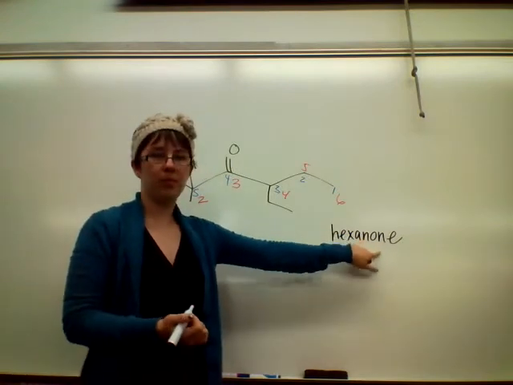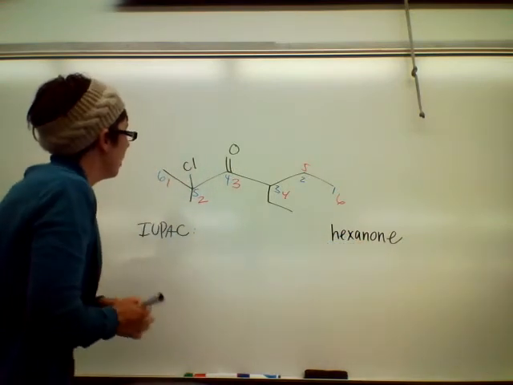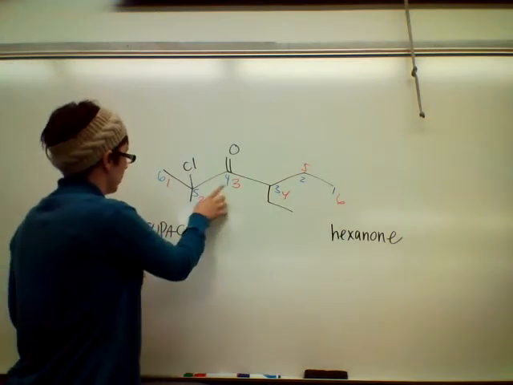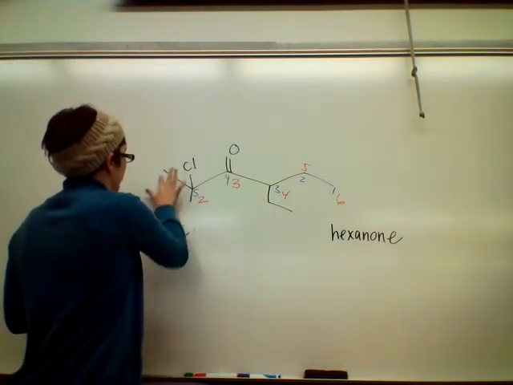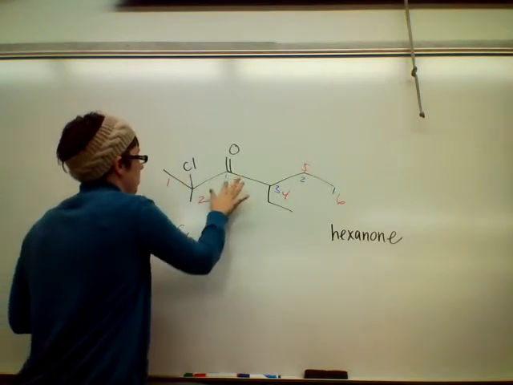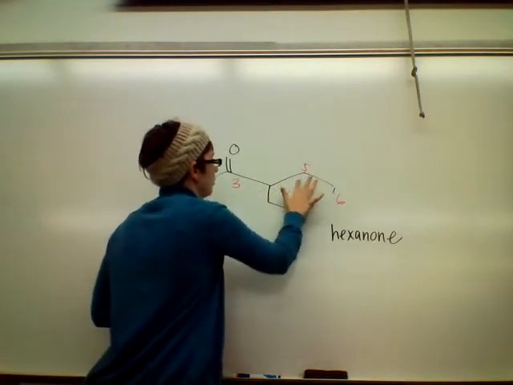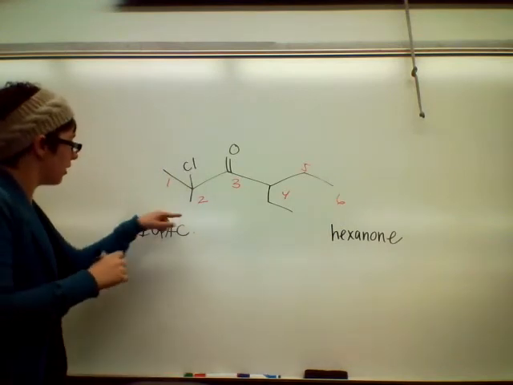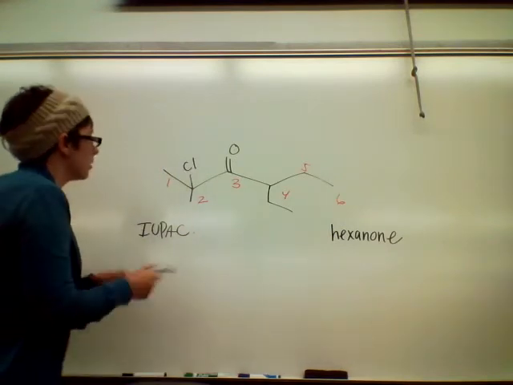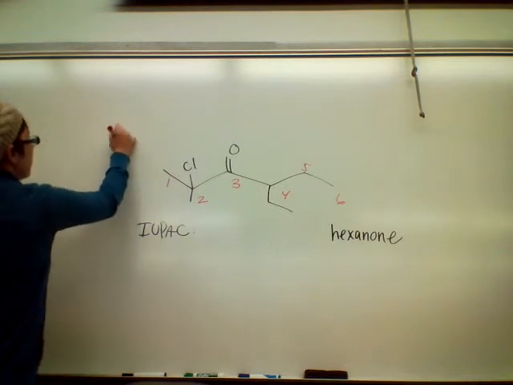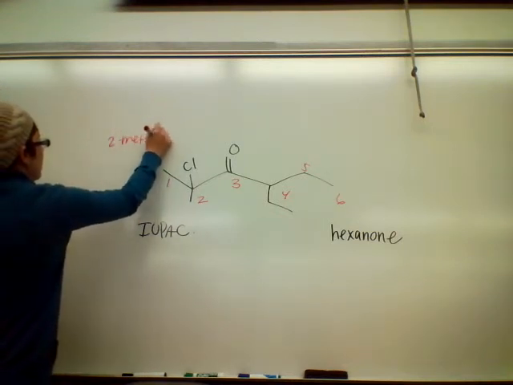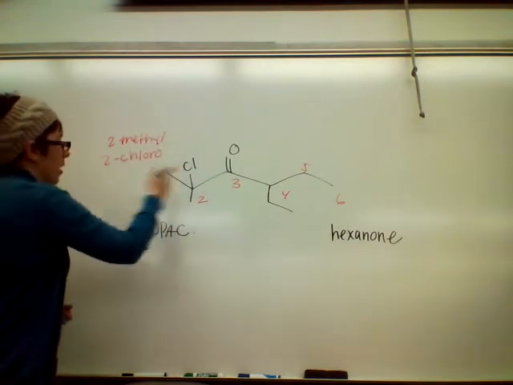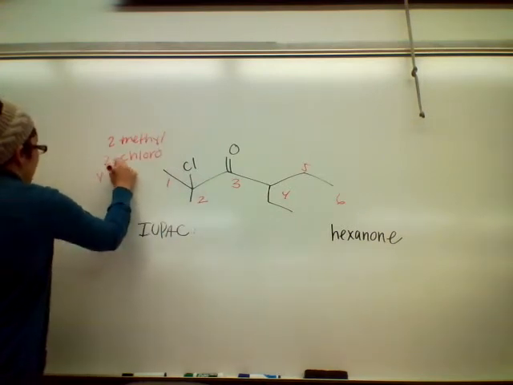Hexanone, that's how you do the ending name for ketone. And we have some different substituents. So let's just go ahead and look at the red numbers. I'll erase the blue ones because those aren't the ones we're using. And we know that on carbon 2, there's a methyl, there's also a chloro on 2, and then on 4, there's an ethyl.